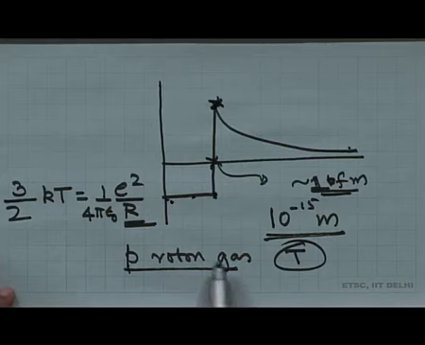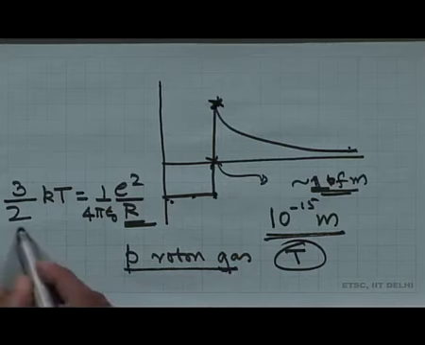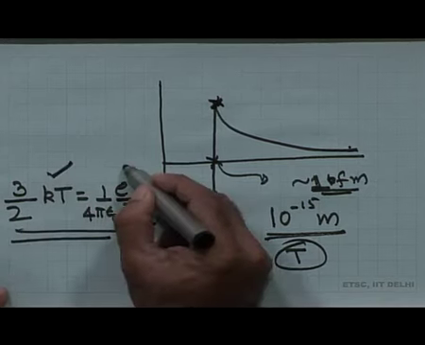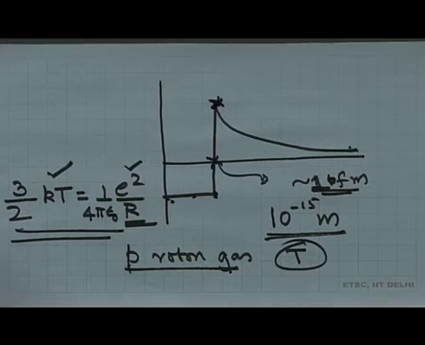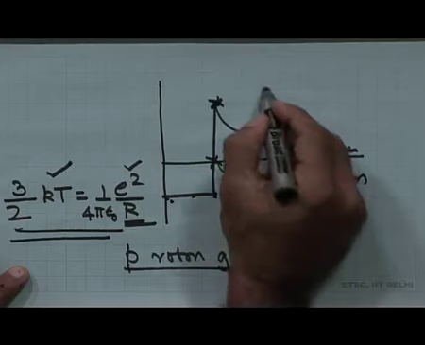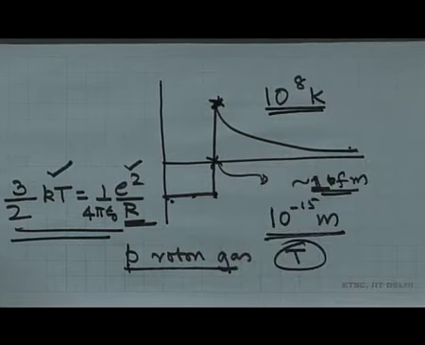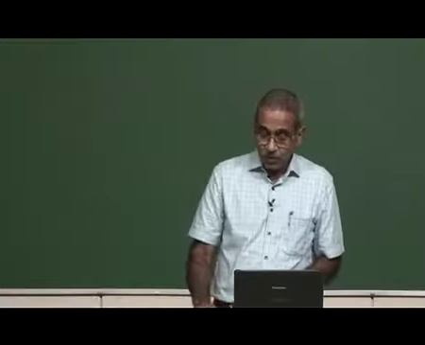And I told you that if I had hydrogen atom, what is going to happen is that I would have to equate the mean kinetic energy with this, and you will find my temperatures to be of the order of 10 to the power of 8 Kelvin. It could even be 10 to the power of 9 Kelvin, and this is something that we have to remember.